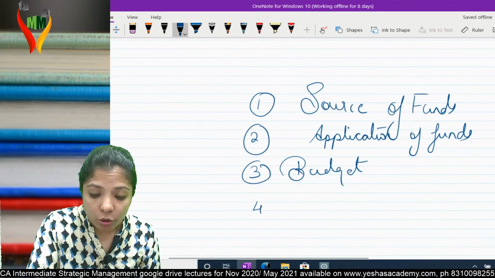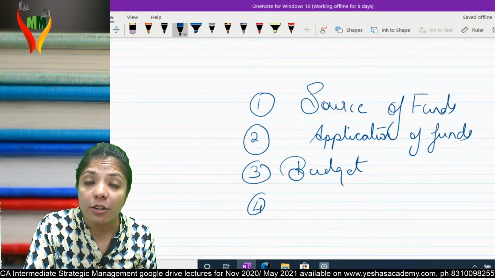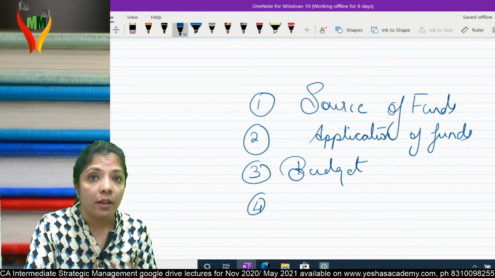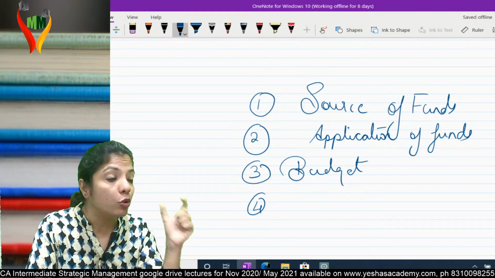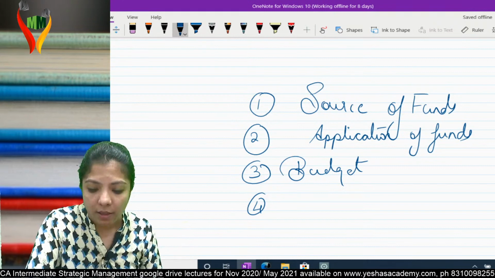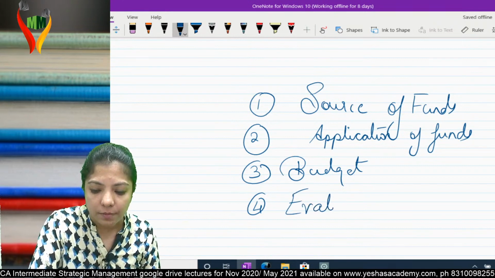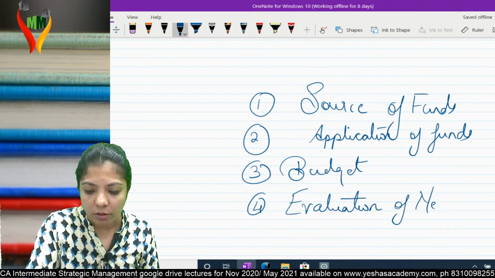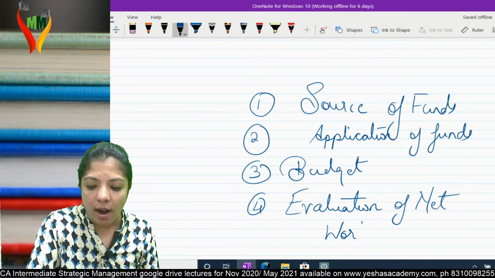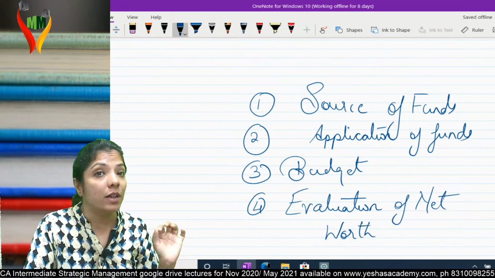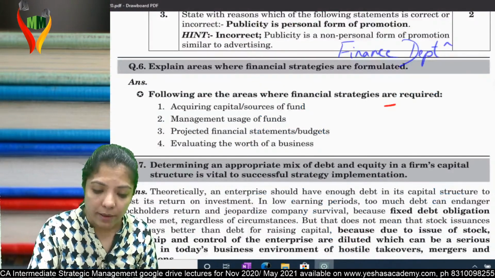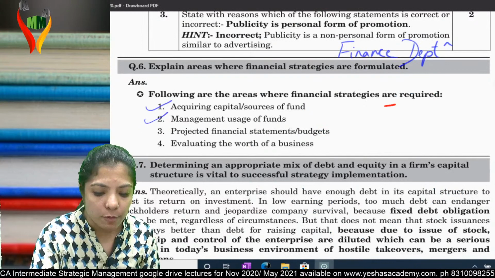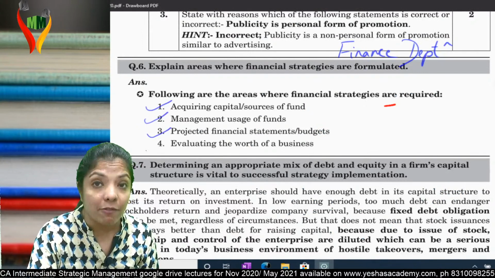And fourth, today takeover, merger, amalgamation is so common, and if you take over somebody's company, you want to know the net worth of that company. That means evaluation of net worth. These are the 4 points we consider in finance department: sources, management of funds, budget, and evaluating the business.